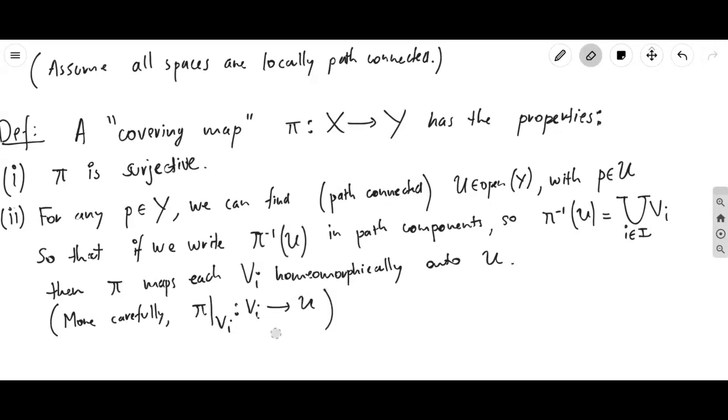So you know they're going into U. And what we're claiming is pi is mapping every one of them homeomorphically onto U. That's what we're saying. So that's what we call a covering map.